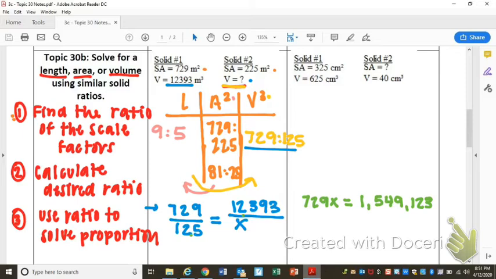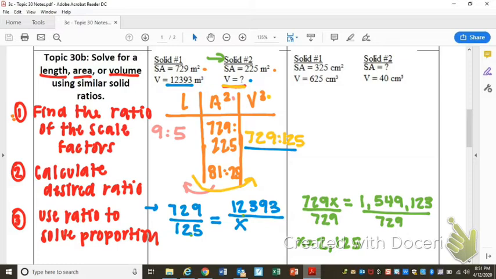All right, once we have that, we want x by itself, so we're going to divide by 729. And dividing by 729 is going to get us that x is equal to 2,125. So this is the volume of the smaller solid.